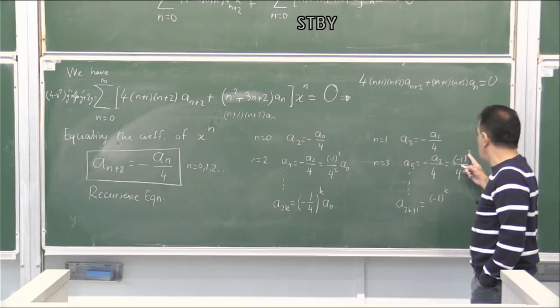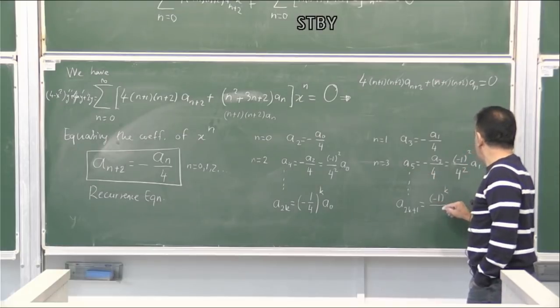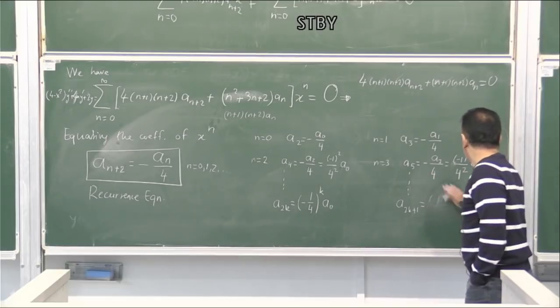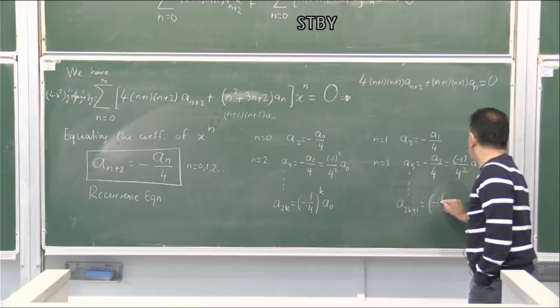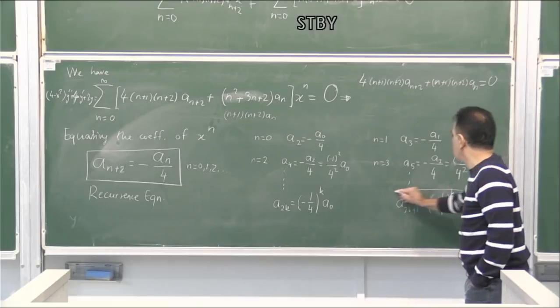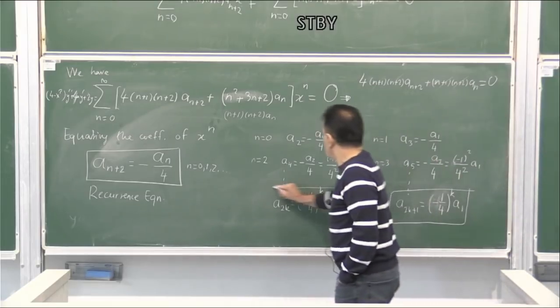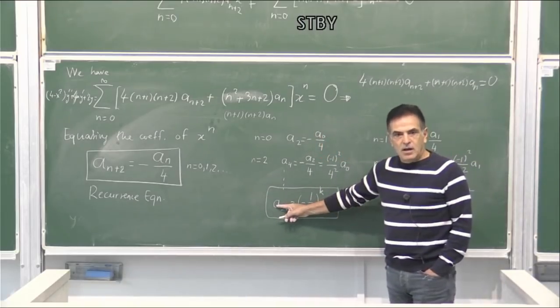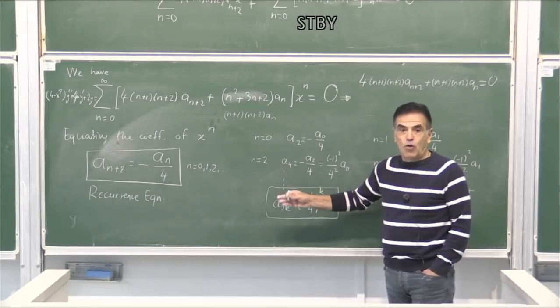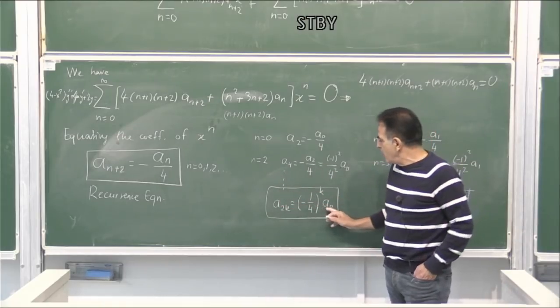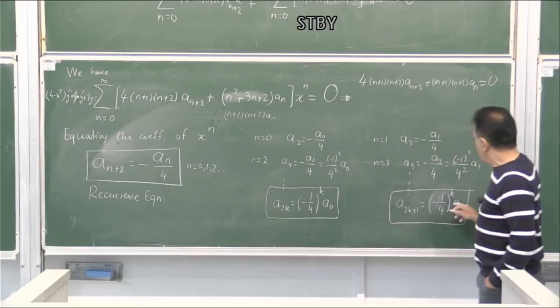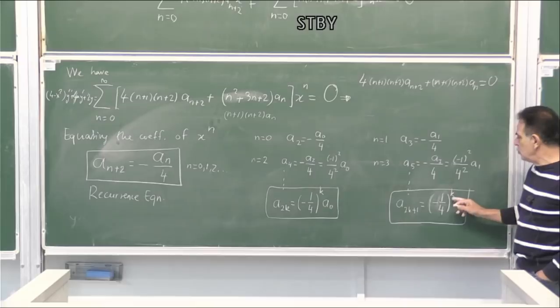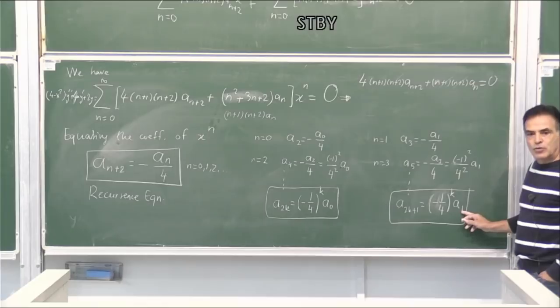Minus 1 over 4 to the power k a1. So the coefficients have the same structure, but the ones which are the coefficients of an even power of x are proportional to a0, and the terms proportional to odd powers of x are written in terms of a1.